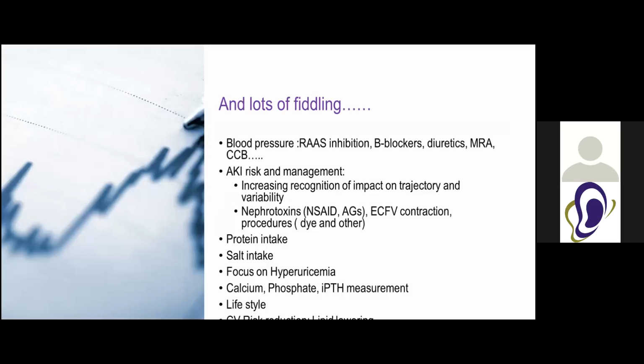And I did a lot of fiddling with blood pressure, and a lot of discussions around AKI management, and really making sure that people understood sick day rules and all the other things that you see listed here on this slide: protein intake, salt intake. I focused sometimes on hyperuricemia, lifestyle, all those things.